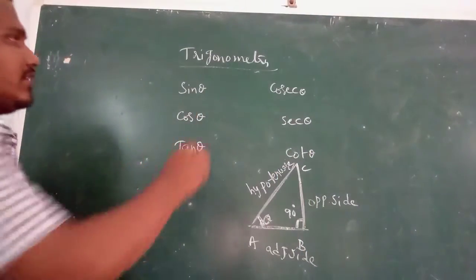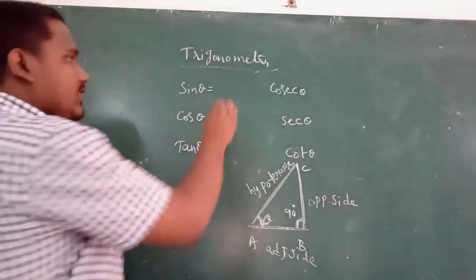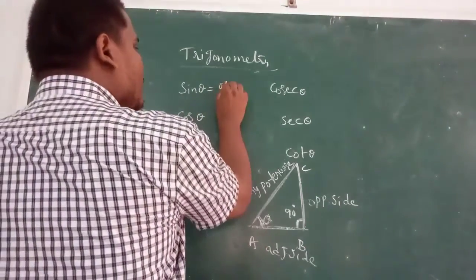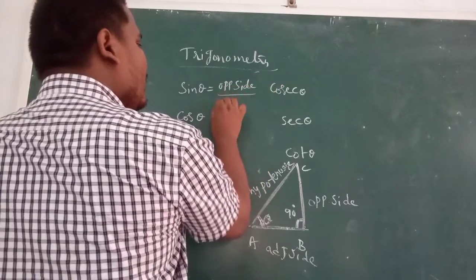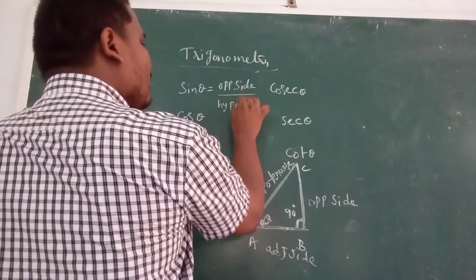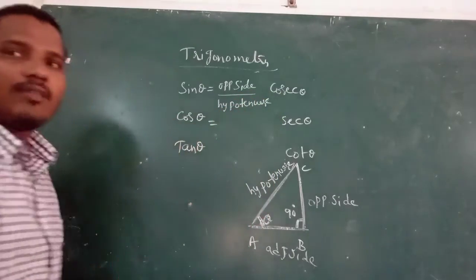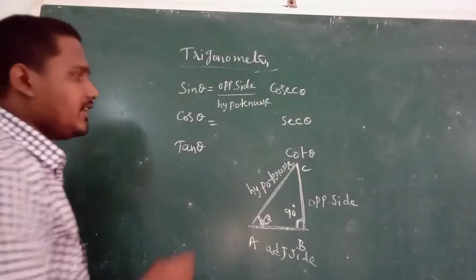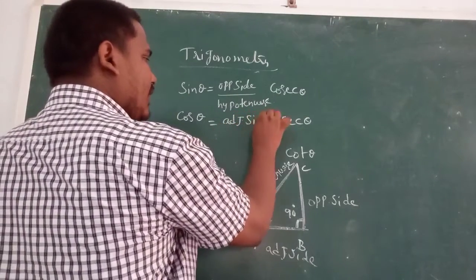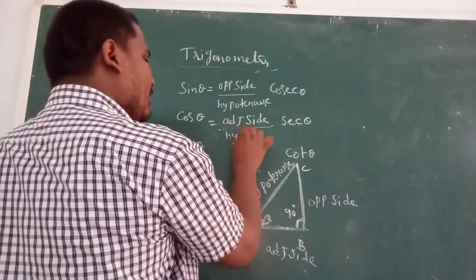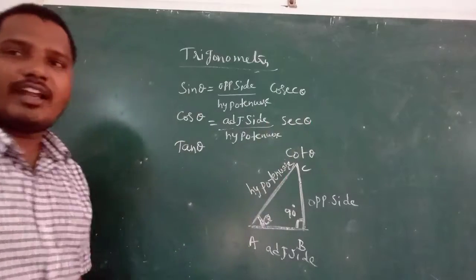Here sin theta is equal to opposite side by hypotenuse. This is the formula for sin theta. What is the formula of cos theta? Cos theta is equal to adjacent side by hypotenuse. And what is the formula for tan theta?